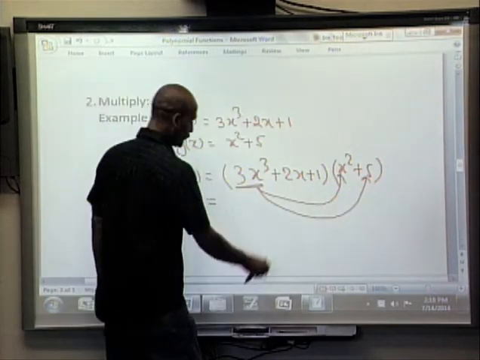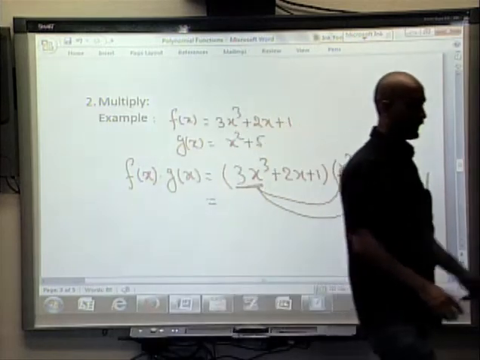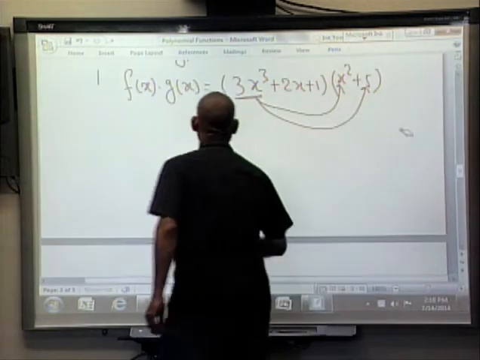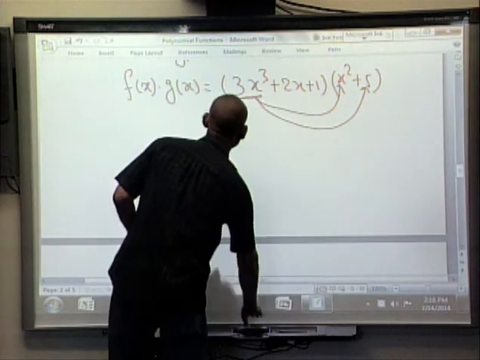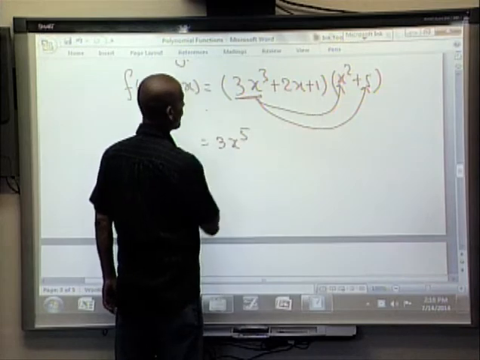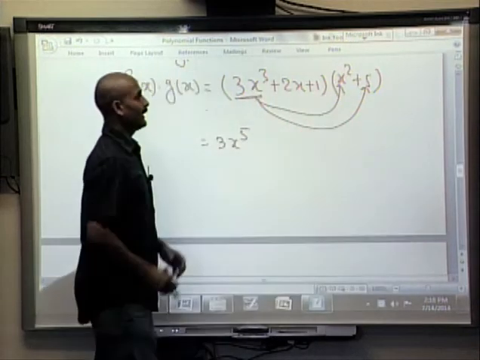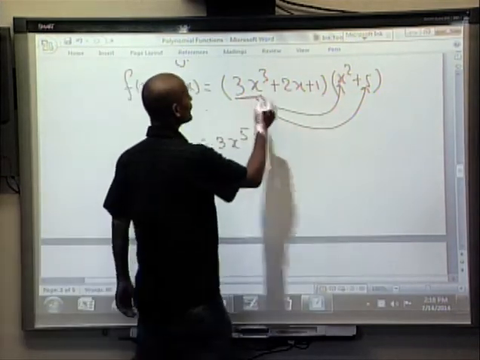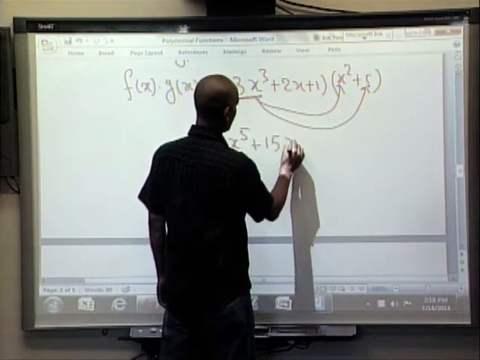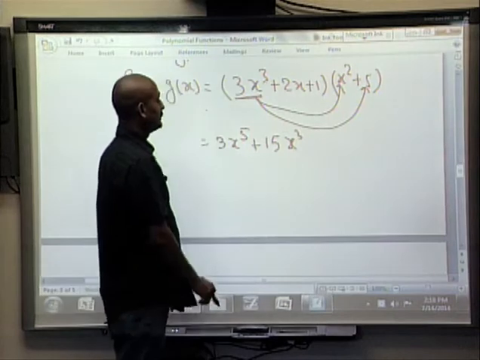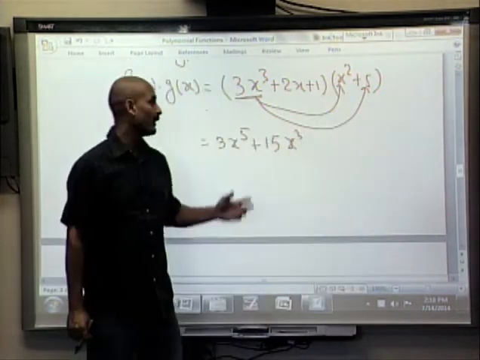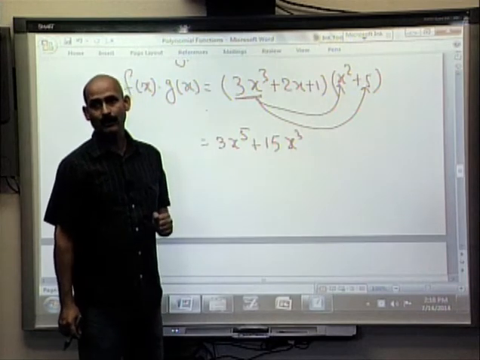So, when 3x cubed multiplies x squared, we will get 3x to the fifth, 3 and 2 added together gives us 5. 3x cubed multiplies with 5, 3 times 5 is 15, and x cubed. So, we multiplied each quantity in the second polynomial with the first term of the first polynomial.